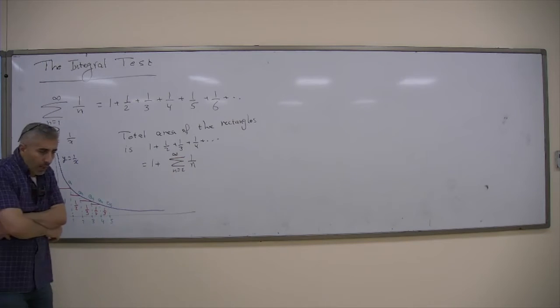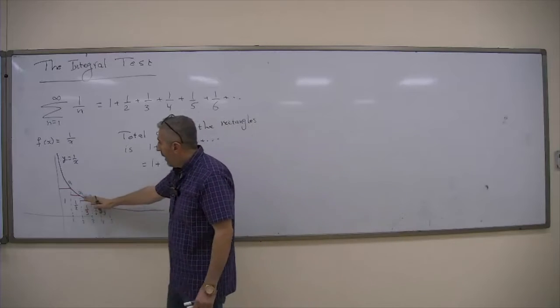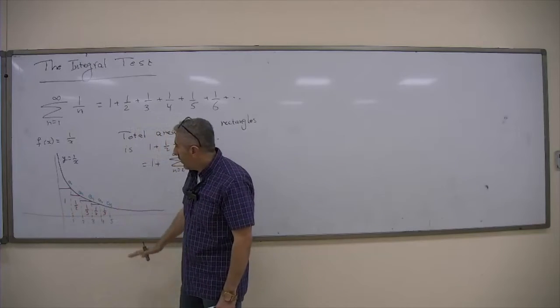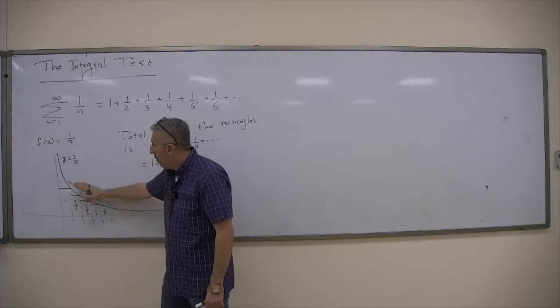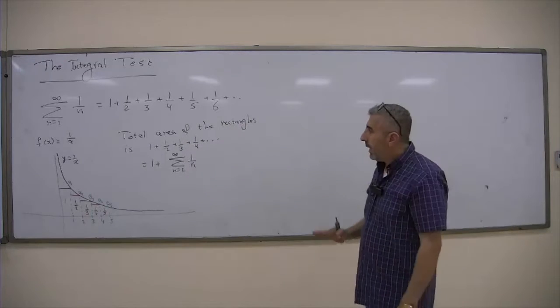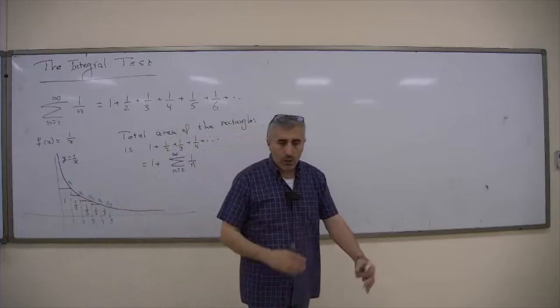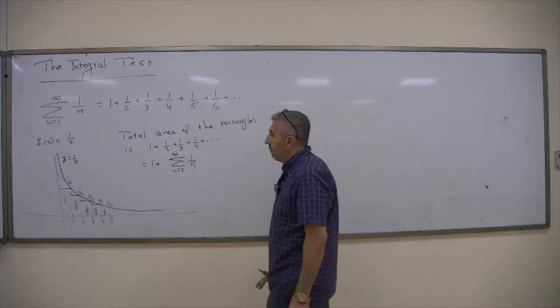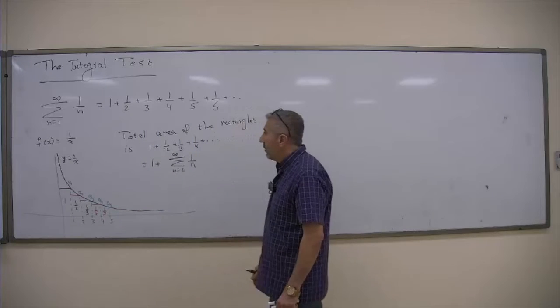But you know from calculus 1 that the area of those rectangular regions is going to be less than or equal to the area under the curve. When we talked about areas in calculus 1, we used the Riemann sum to get the area using the integral.